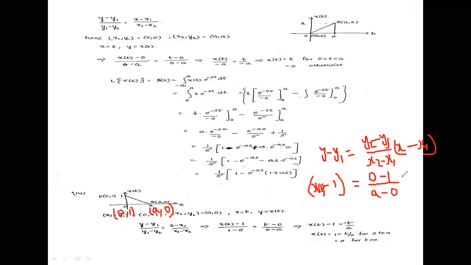X1 is 0, and x value is t because it's varying with the t variable, minus x1 is 0. So x of t minus 1 is equal to minus t by a, and x of t is equal to 1 minus t by a in the range of 0 to a.